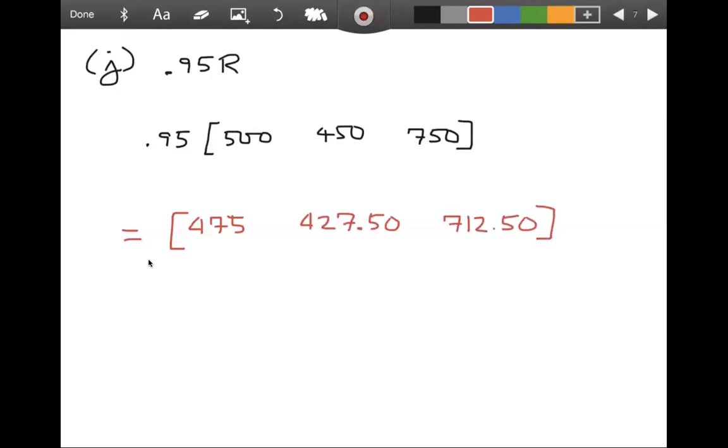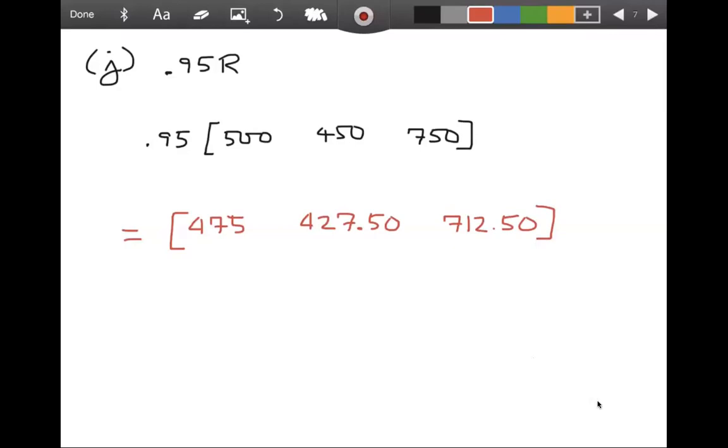For example, if they had a 5% off sale, these would be the new prices. If they normally sell washers, dryers, and ranges for $500, $450, and $750, and they mark them 5% off, now they're going to sell for $475, $427.50, and $712.50.